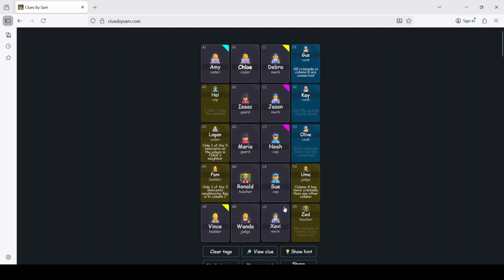Let's say for now Zavi is innocent and Sue is... actually Sue could also be innocent. There's nothing right now saying Sue could not be innocent, so let's just say it's like that. Based on that, Wanda and Chloe though would both have to be criminals. So maybe this is telling us that Zavi can't be innocent.